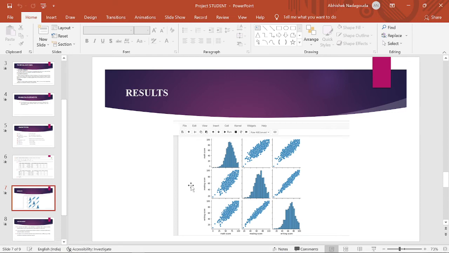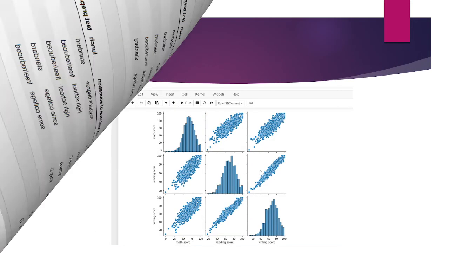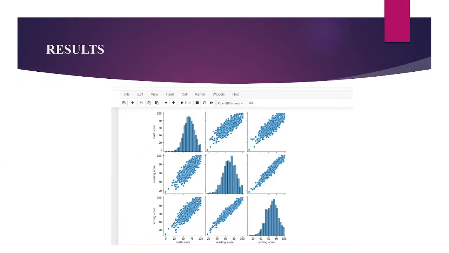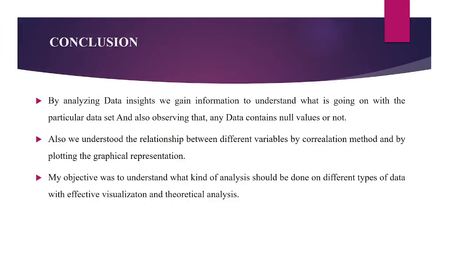Now, by this, our project, these are some results. I already told the head of the data set and tail of the data set, and these are some graphical analyses and conclusion.